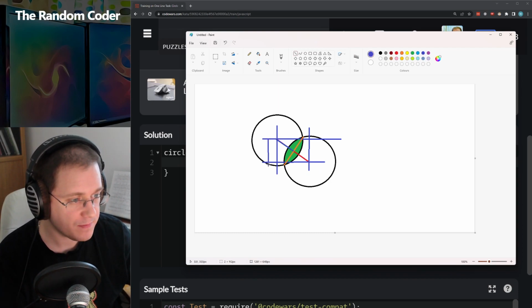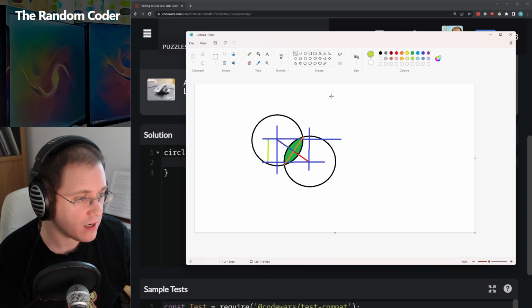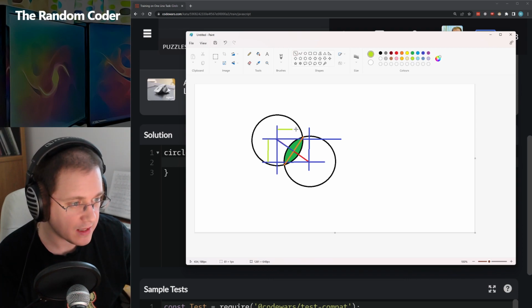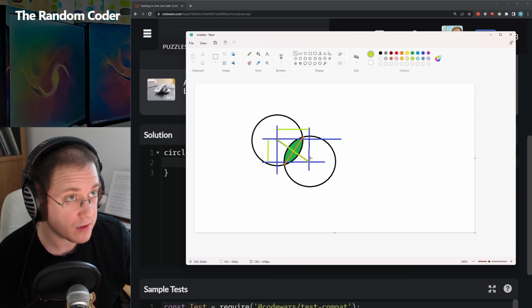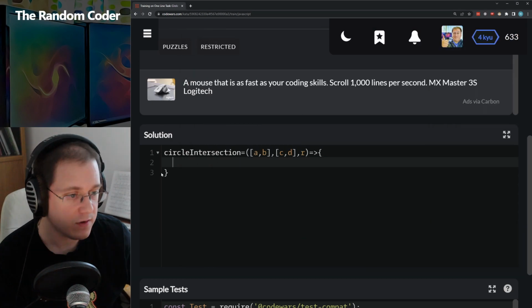So this distance, oh, I should have picked a different color. This distance and this distance. Based on these, we can calculate this distance just using Pythagoras theorem. So we need the difference between the x coordinate of both circle centers and the difference between the y coordinate of the circle centers. So we can do that here.